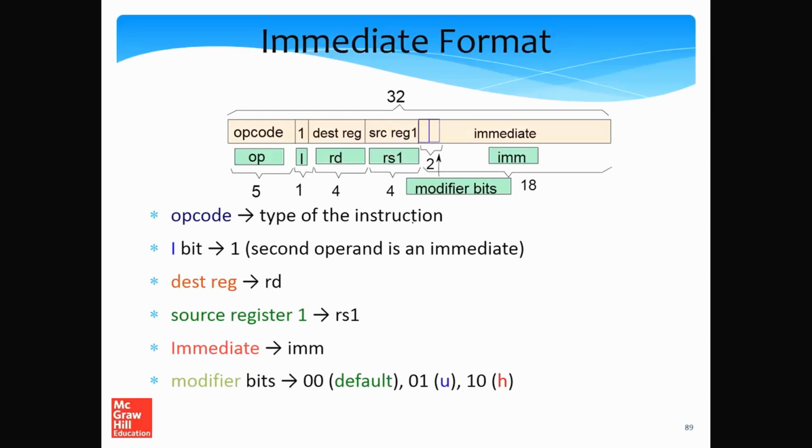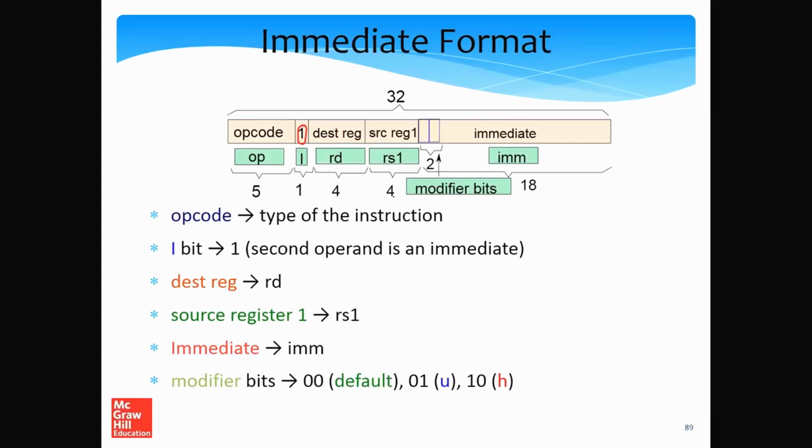Now let's consider the case where we have a 3 address instruction and the second operand is an immediate. So we'll start the same way. We'll have a 5-bit opcode. We'll have 1 bit for the immediate. So a 1 bit over here, and its value needs to be 1 because the second operand is an immediate. Then we'll have a register destination, 4 bits for that.